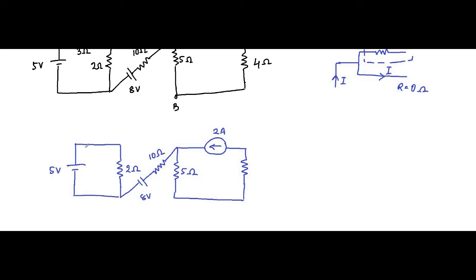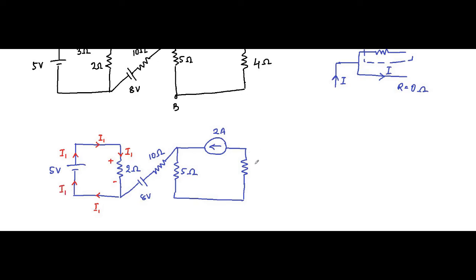So let us first assign the branch currents. Let's say the current supplied by this 5 volt voltage source is I1. I1 flows through this, with polarity plus minus, and the same current I1 will flow into the negative terminal.